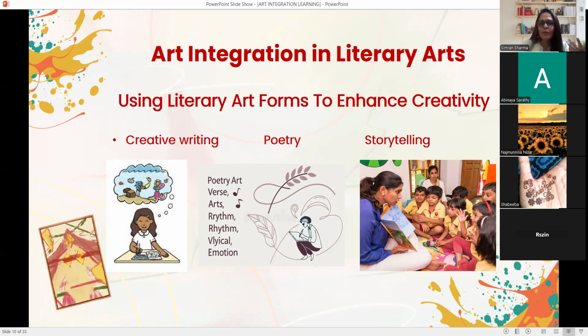Storytelling is another form of literary art which can be used for learning. Say, for example, you want students to learn about the life cycle of a butterfly or frog. Storytelling is one of the best ways for them to understand the life cycle. Tell them in story form.